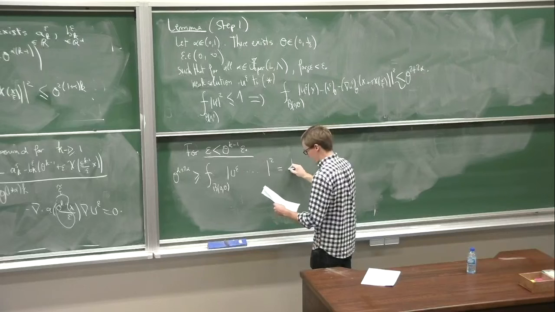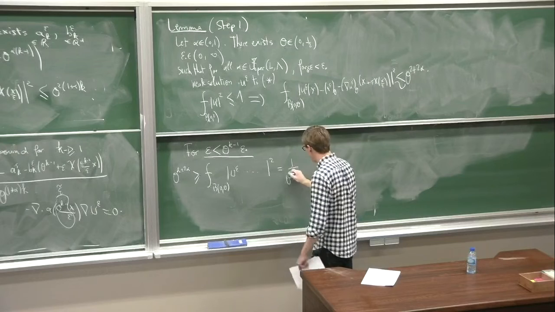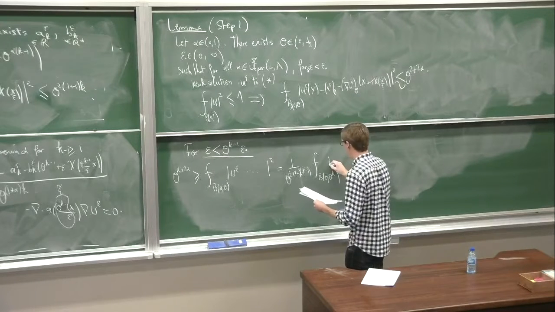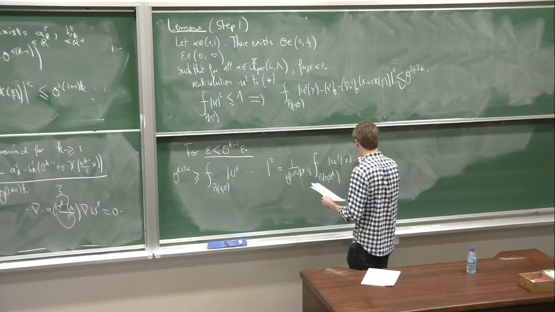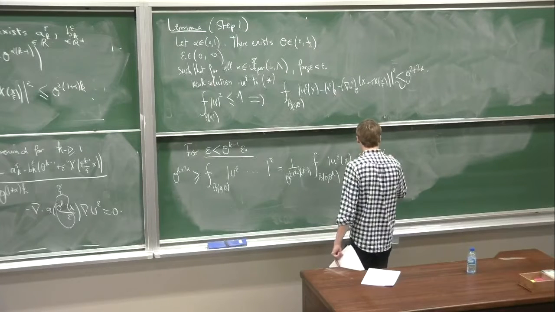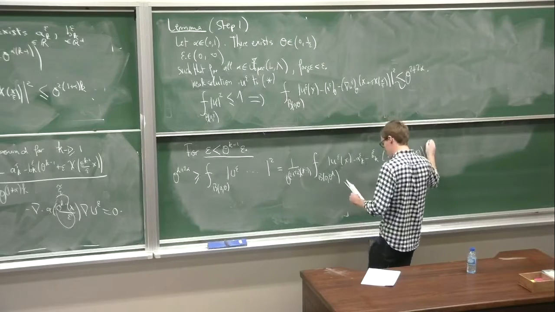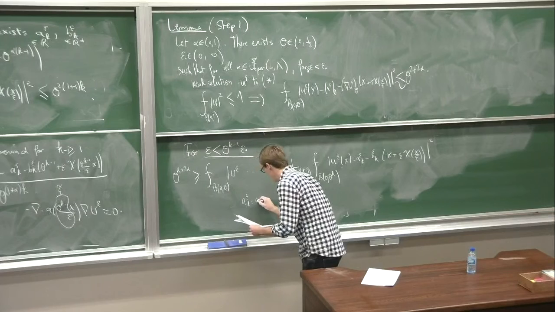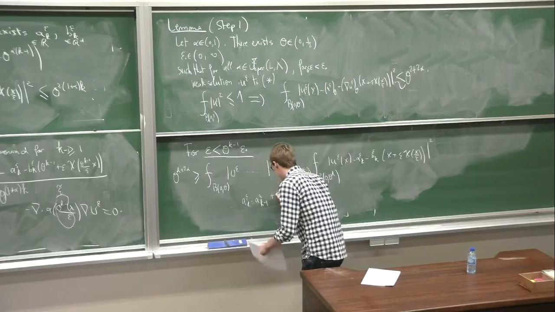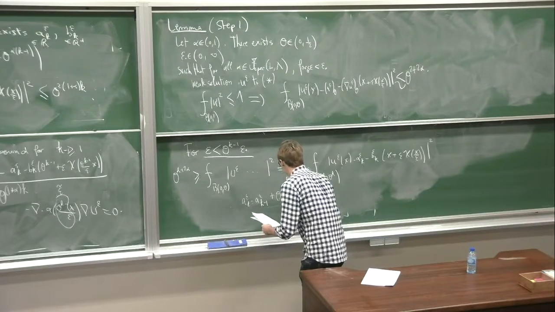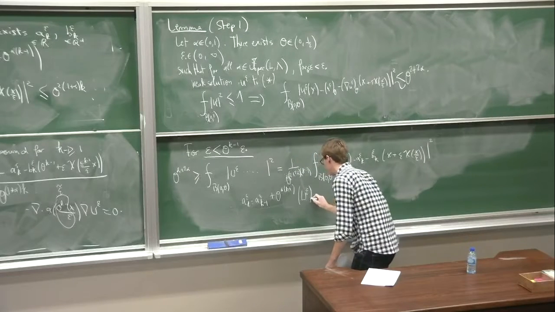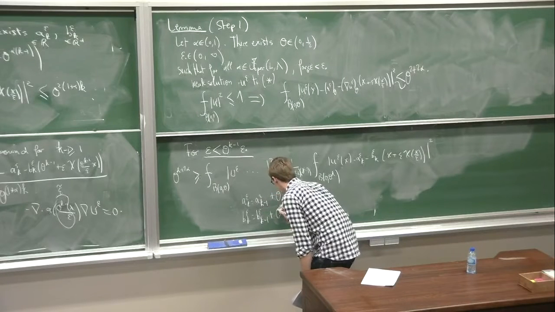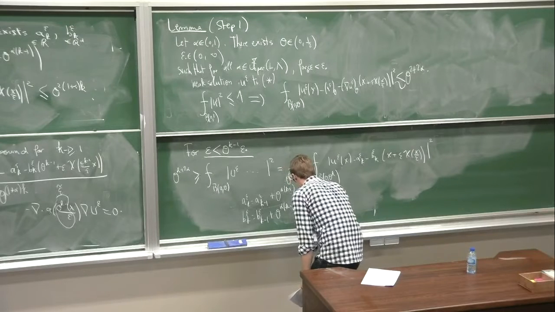This is equal to 1 over theta to the 2 plus 2 alpha k minus 1 times the mean over B0 theta to the k of U epsilon of x minus A epsilon k minus B epsilon k, squared. Here A epsilon k is A epsilon k minus 1 plus theta to the alpha k minus 1 times the mean of capital U epsilon on theta, which is also just a simple computation, and the same thing for B epsilon k.